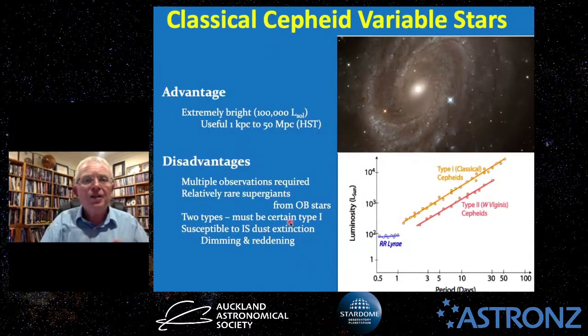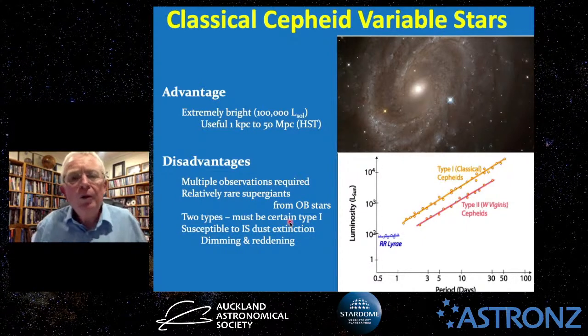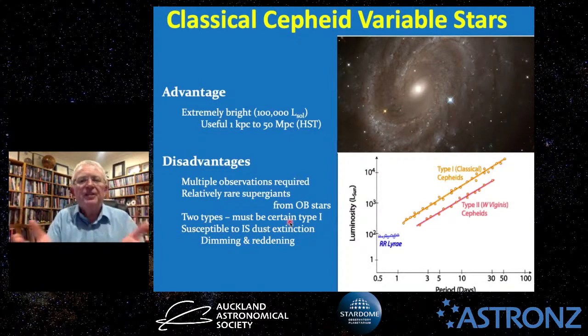Okay, so let's look at some of the advantages. Why use Cepheid variable stars to measure distances? They're extremely bright. How bright something is, they call it luminosity, and they use the sun, or Sol, brightness as a standard. So one solar luminosity is the brightness of our sun, its power output.